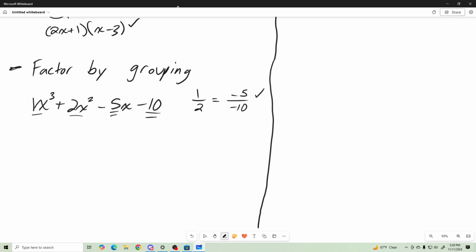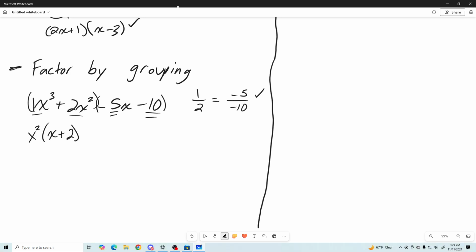So now we can factor by grouping, which is kind of what we did before, right? We're going to take this, and we're going to take this, and we're going to break them down by separating them. So we're going to take this side, and we're going to take out the GCF. So if I have an x cubed plus 2x squared, the most I can take out of each of those is an x squared. So I'm going to pull out the x squared, and that's going to leave me with an x plus 2.